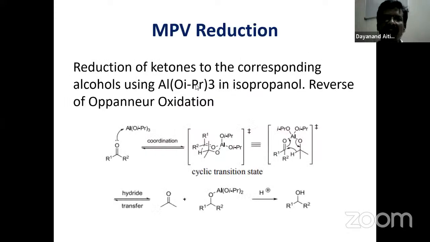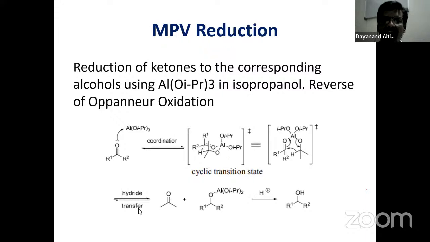MPV reduction and Oppenauer oxidation are opposite reactions. Okay, iso, that is ketone, is converted into alcohol here. What is the reagent? Already we had discussed while dealing about the preparation. Aluminium isopropoxide is the reagent here. Aluminium isopropoxide is forming a cyclic transition state.